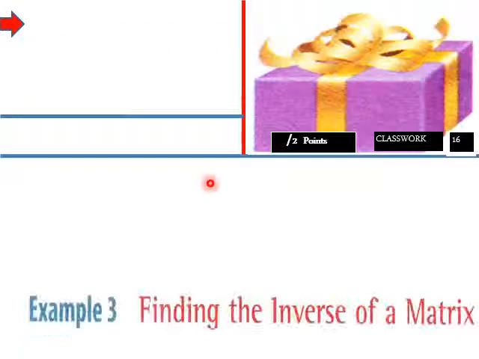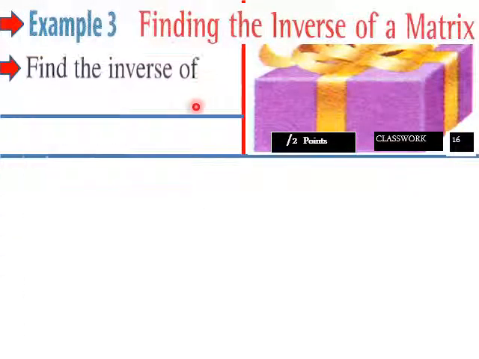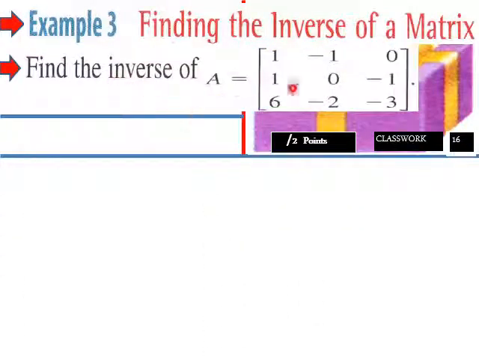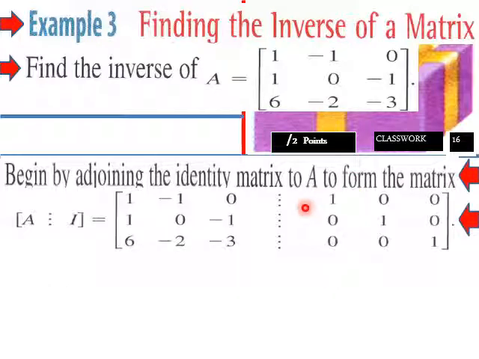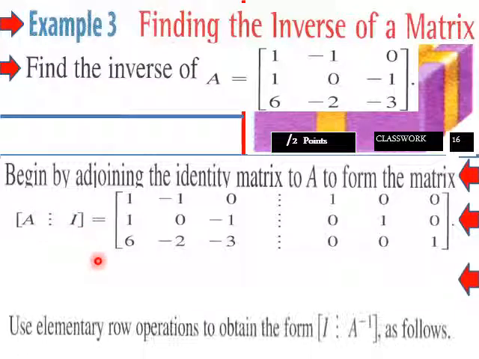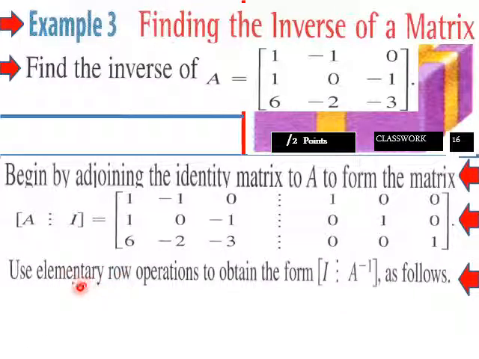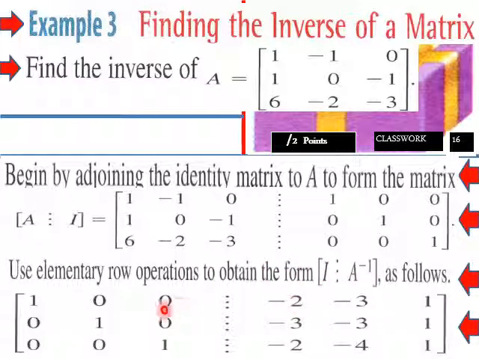Okay, so let's try one. Find the inverse of a matrix. Find the inverse of this matrix here. So begin by adjoining the identity matrix to A to form the matrix. Here's our identity matrix here. And then this is our original matrix here, A, therefore I. Use elementary row operations to obtain I, therefore inverse A as follows.